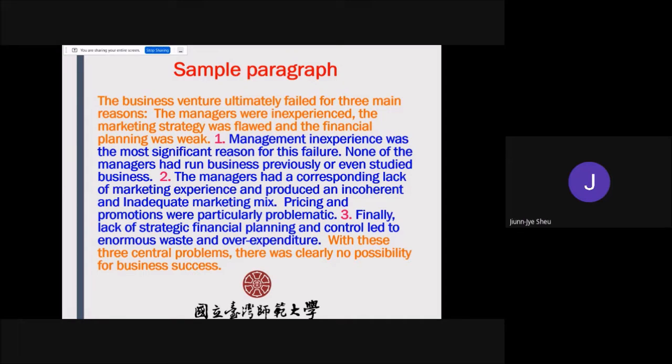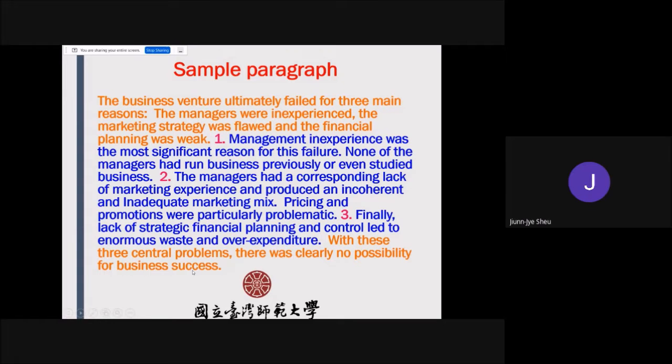And then you have a concluding sentence with these three central problems: there was clearly no possibility for business success. So you conclude that because of these three reasons, there is no possibility for success.